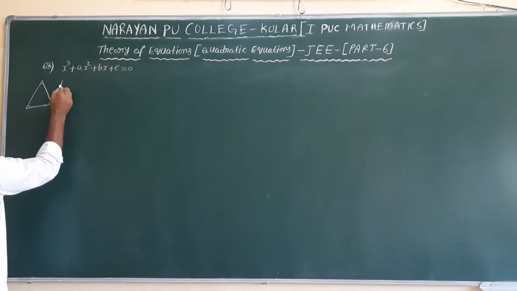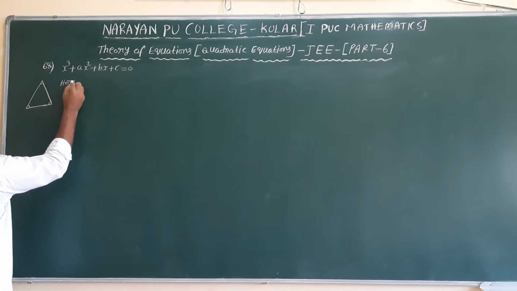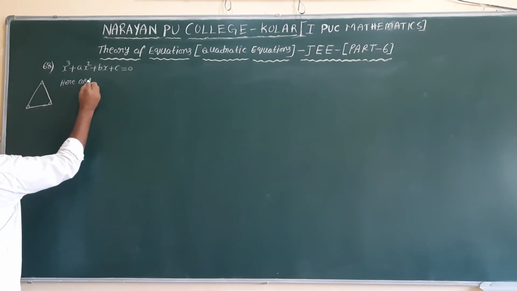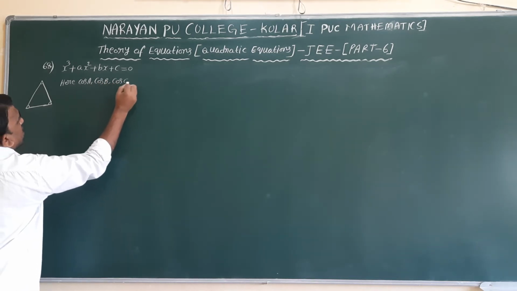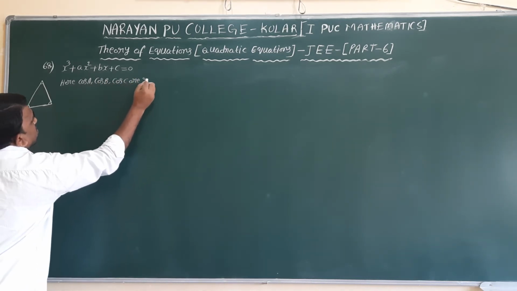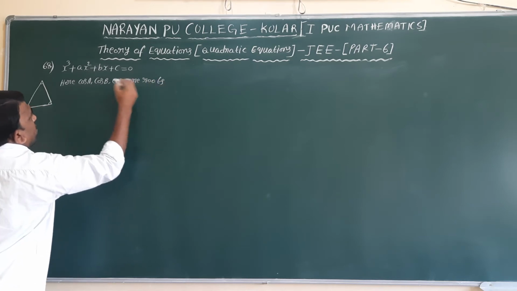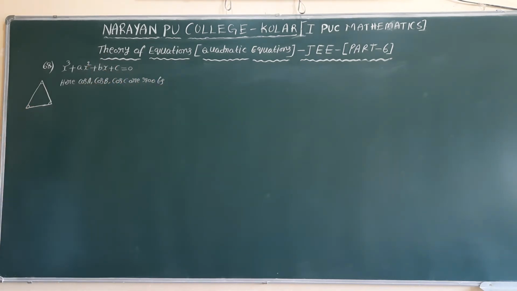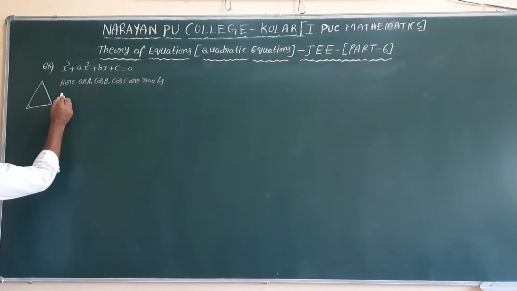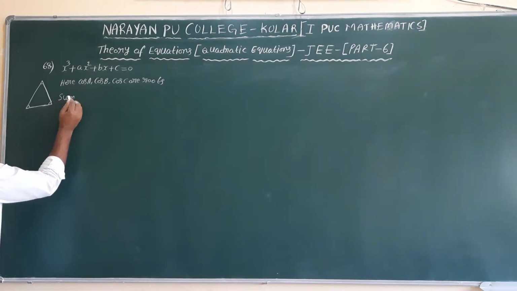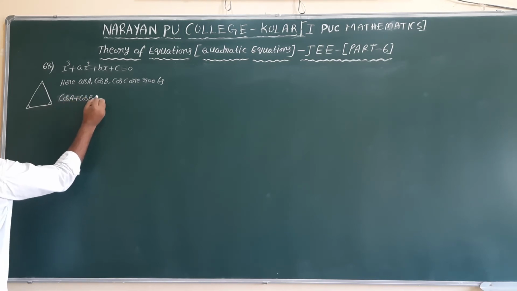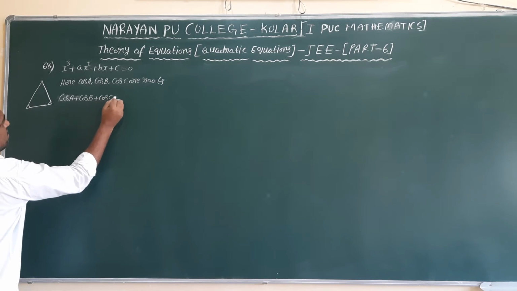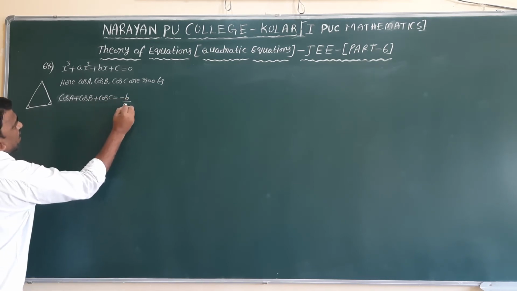So here cos a, cos b, cos c are roots of the above equation based on the triangle. Now the sum of the roots: cos a plus cos b plus cos c is equal to minus b by a.